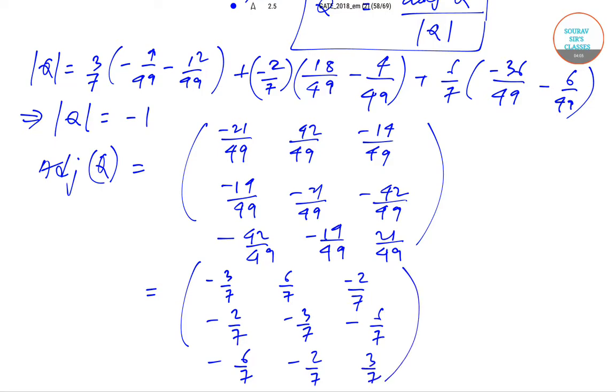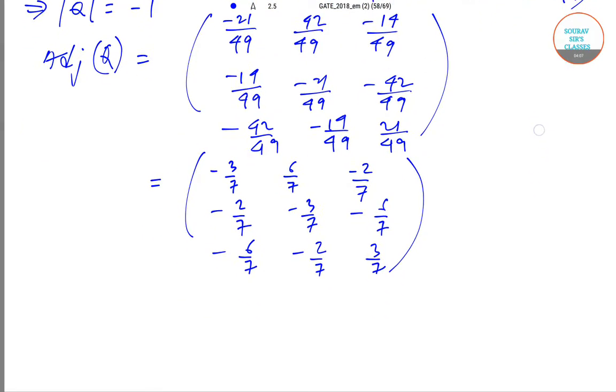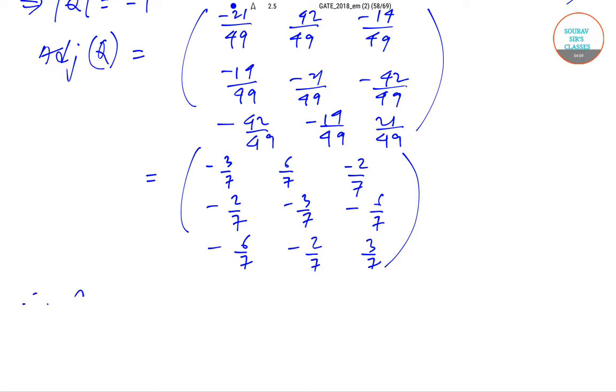This is the adjoint matrix of Q. So Q inverse is equal to the adjoint of Q divided by the determinant value of Q. Now the determinant of Q is equal to minus 1.